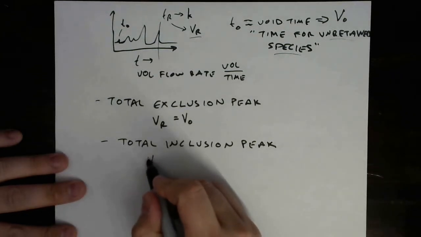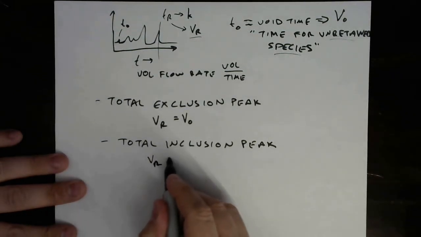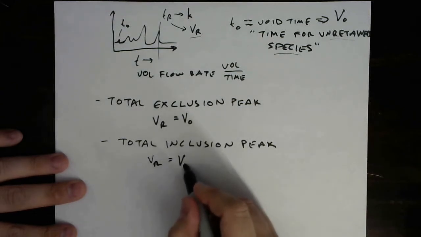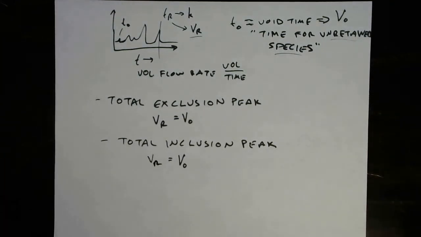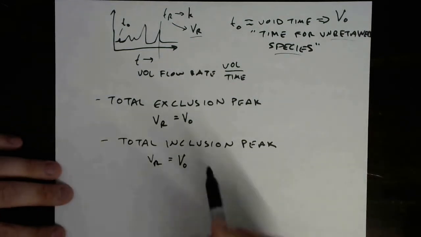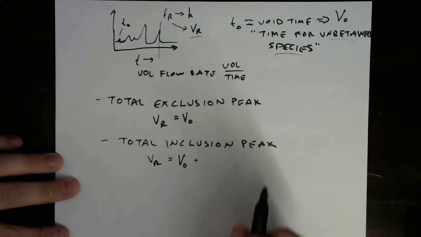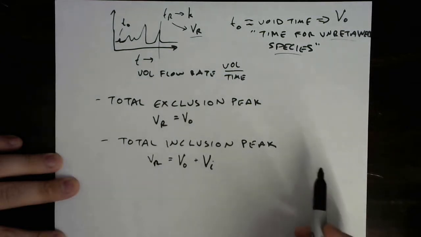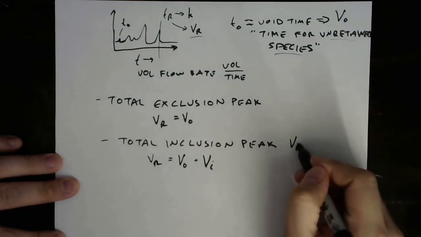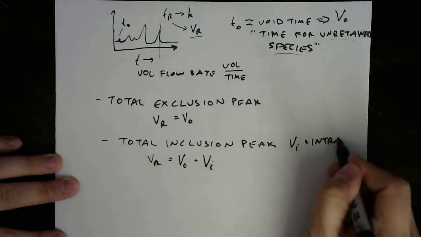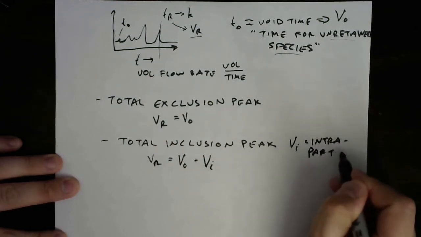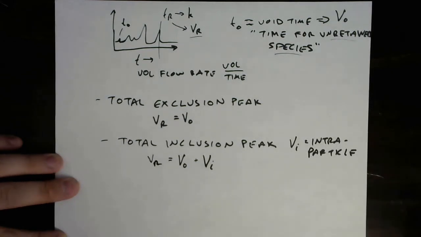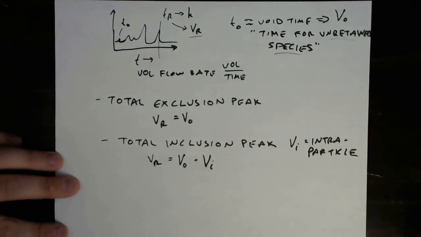And so in this case, what we can say is that its retention volume, V sub r, well, it certainly sampled the same amount of extra particle volume, the V sub 0, that it takes to get from the head of the column out to the detector. All of the extra particle space, but it's also sampled all of the intra-particle volume, which we'll call V sub I. Let's define this over here. V sub I is the intra-particle volume. We've called this before the total porosity of the column.